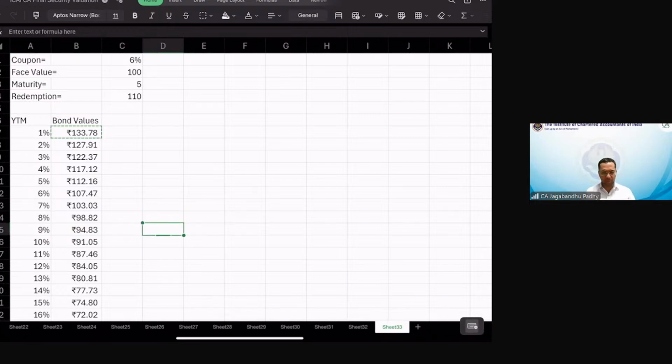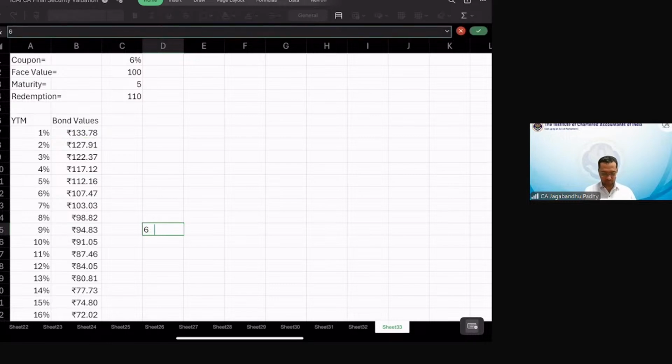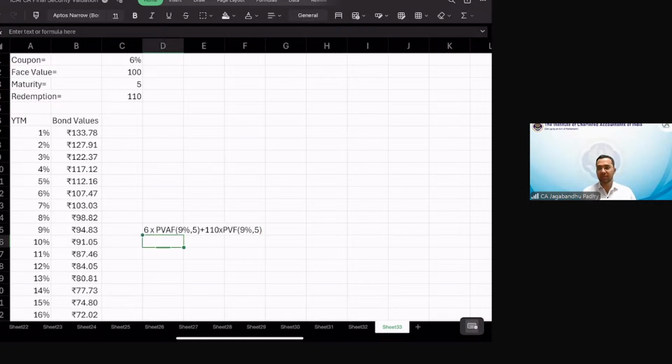We can get it as 6 multiplied by the present value annuity factor at 9% for 5 years plus 110 multiplied by the present value factor at 9% for 5 years. Let's check.